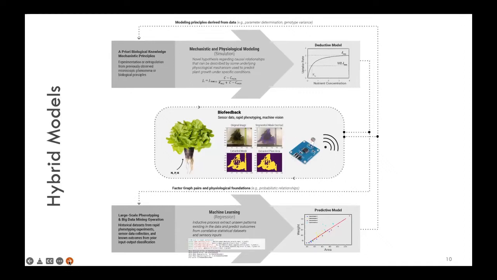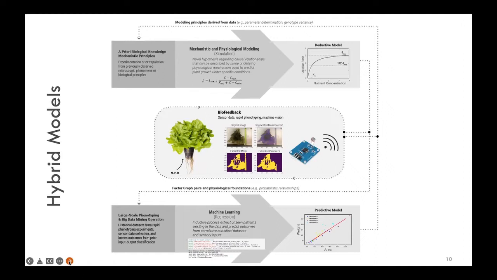And the benefit of using hybrid models is that, for example, when we are lacking data to produce a machine learning model, if we don't have enough data sets to produce a robust machine learning model, we can use some of that a priori biological knowledge that helped us to generate mechanistic models to fill in some of the gaps.